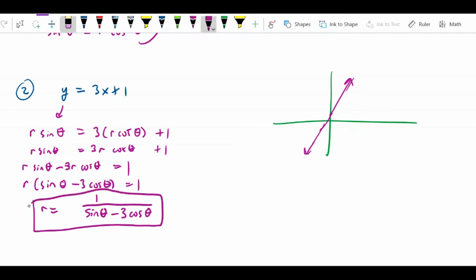So kind of strange. y equals 3x plus 1 is about as simple as an equation gets, about as simple as a curve gets in rectangular coordinates. This, of course, looks like a very difficult function, and that's just how things work in polar coordinates. Things that are easy in rectangular end up being fairly complicated and obscure in polar coordinates, and vice versa.